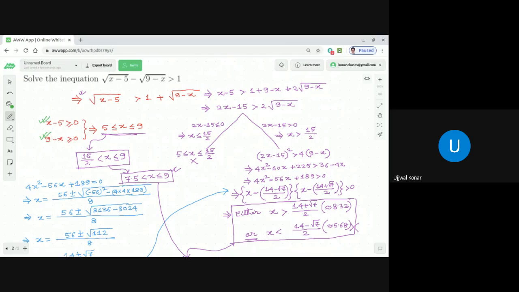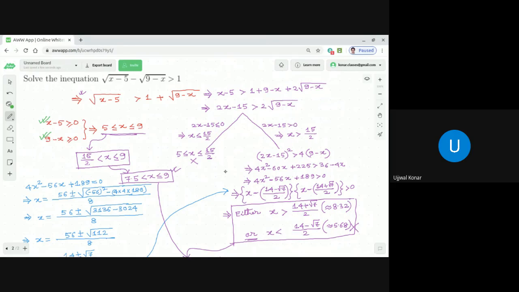So without proceeding further, you can say it is impossible to find a value of x which is more than 9 or less than 5. That is the first set of outer territory of the solution.